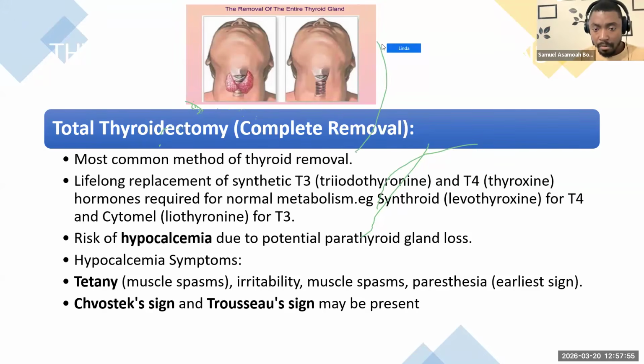Okay. Secondly, please, I want to know, after the total thyroidectomy, apart from the complication, I mean the tightening muscle part and those things, what's the total?